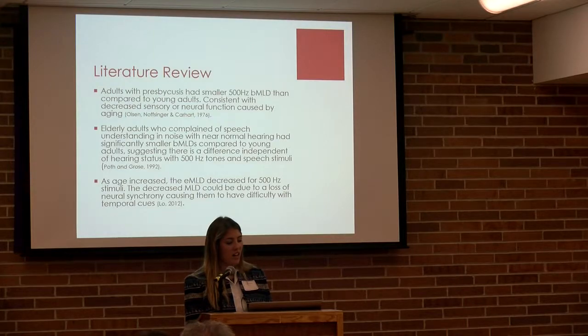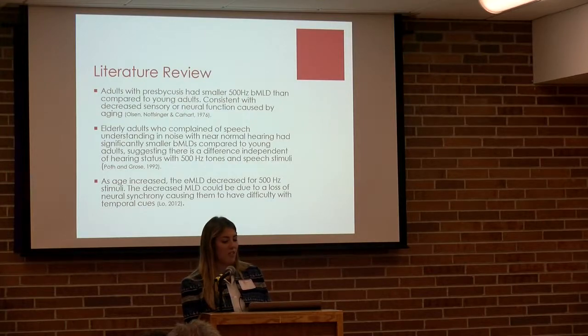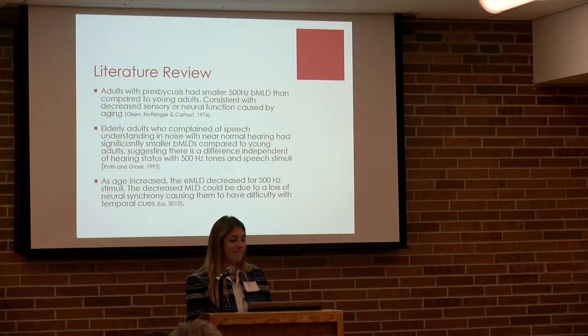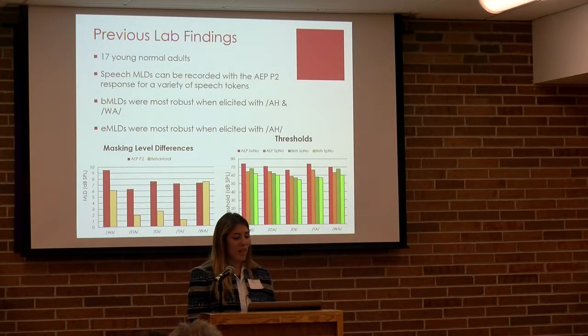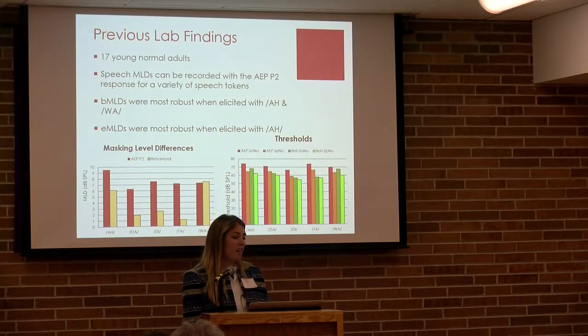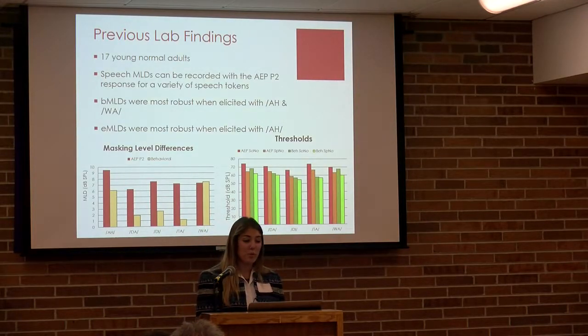And then in our lab, Lowe found that as age increased, the EMLD decreased for 500 hertz. The decreased MLD could be due to a loss of neural synchrony, causing them to have difficulty with temporal cues. So Emily Wilson in the lab looked at 17 young normal adults, and she wanted to see if we could find the EMLD with speech tokens.